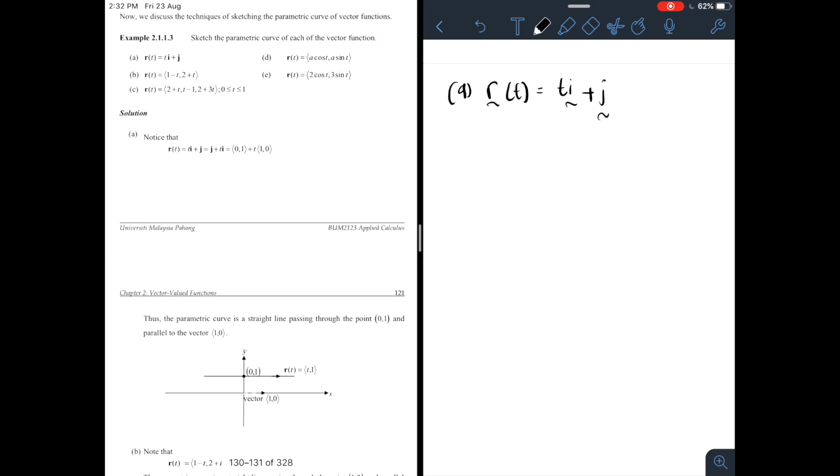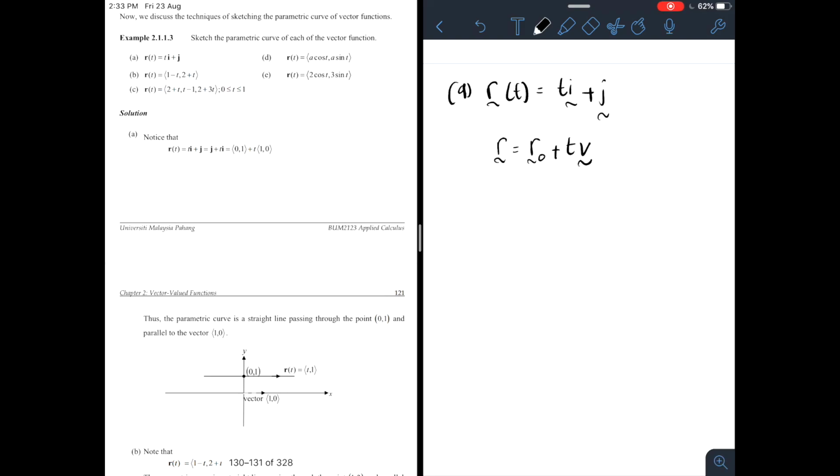Now I would like you to pause this video and try to recall what you have learned in chapter 1.4 about the vector equation of a line. If we can remember, the vector equation of a line is given as vector r equals vector r naught plus t vector v.